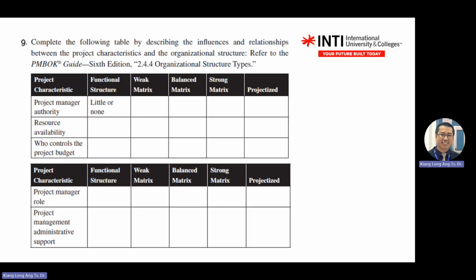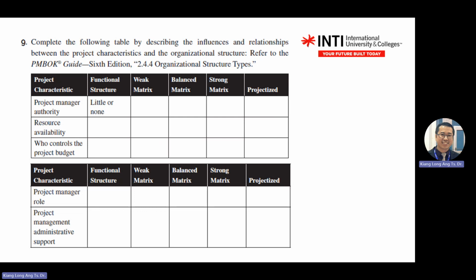Okay, number 9. This comes out almost every semester in test 1. Complete the following table describing the influence of the project manager: authority, resources, and who controls the budget.